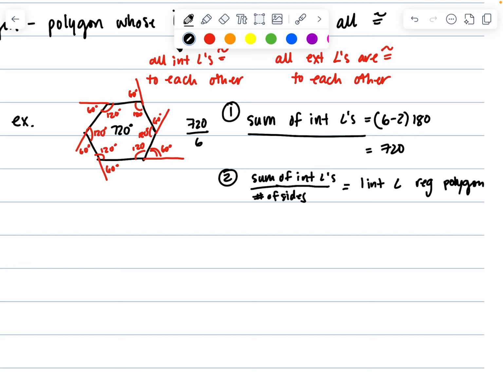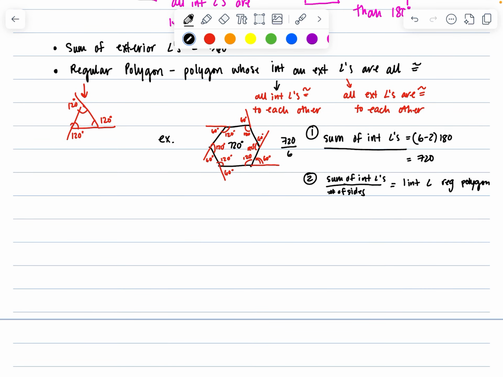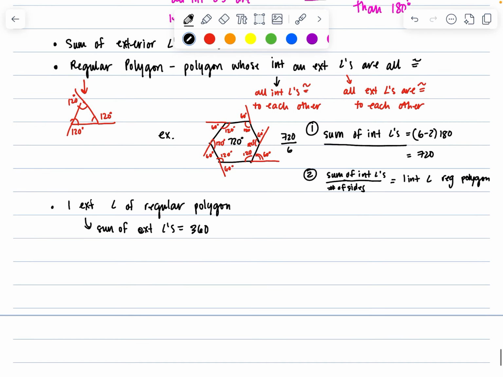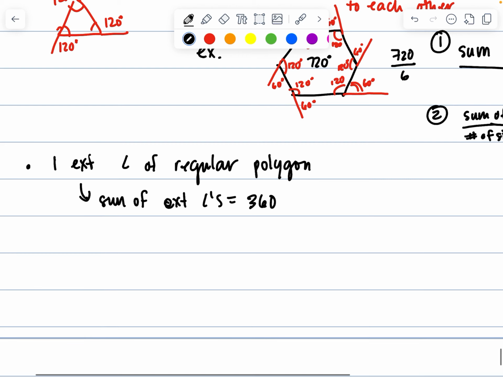Then, last but not least, what if you want to solve for one exterior angle of a regular polygon? I'm going to do that as a separate one. Well, the nice part about it is that we know that the sum of exterior angles is always going to be equal to 360. And we know that there are always that many number of sides.